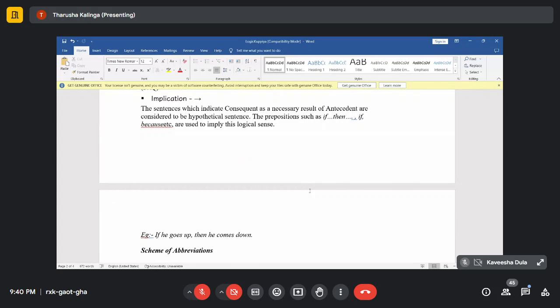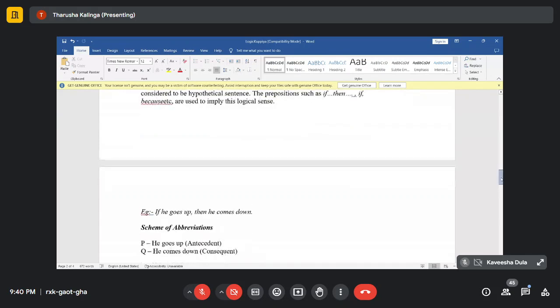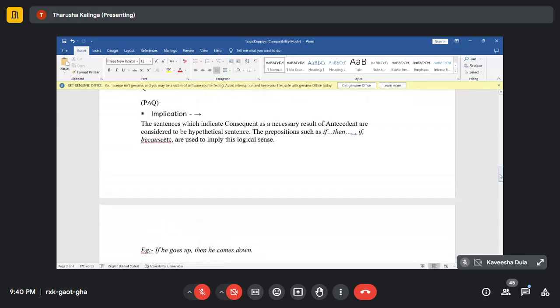That cause or the reason we call here antecedent. Why? Antecedent, which means purvanga. And the next thing, the consequent, it is the aparanga. So these are the two variables in an implication.